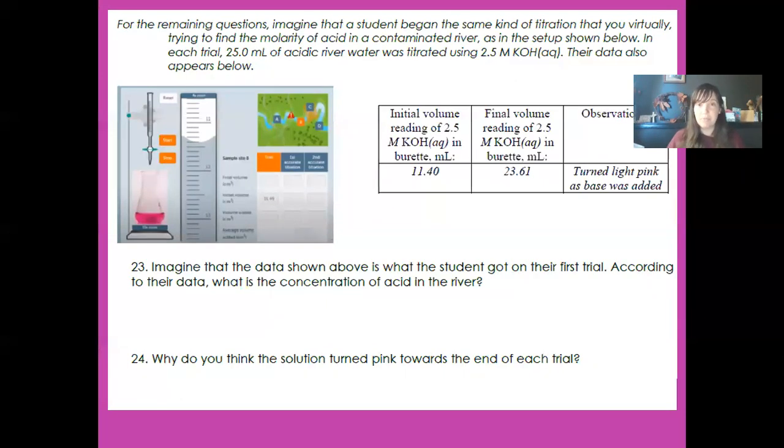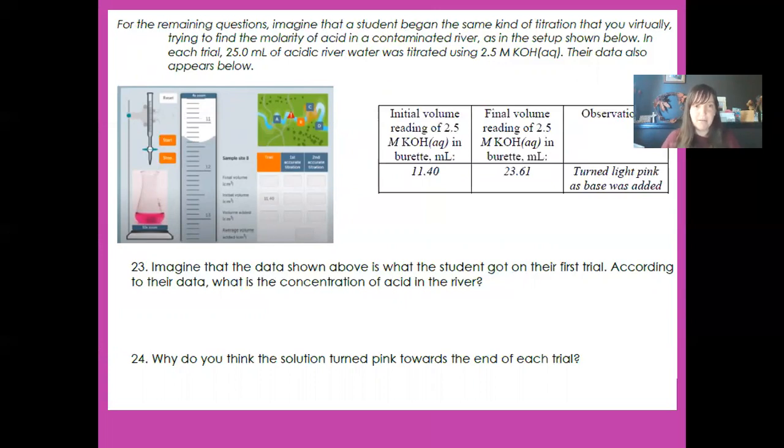Their data also appears below. The initial volume reading of the potassium hydroxide in the burette in milliliters was 11.40. The final volume reading was 23.61. And the observation: it turned light pink as base was added.